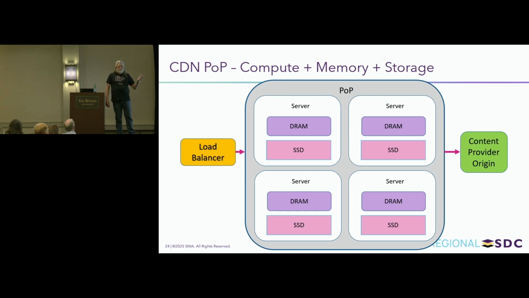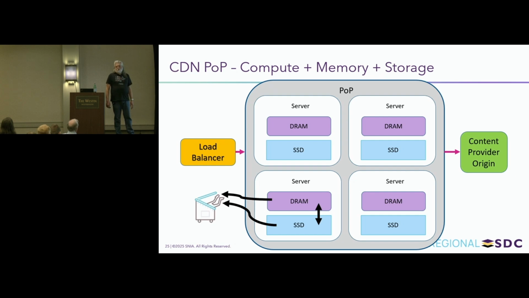Because in this case, you probably are going to cache it at first hit because it's had to pull it from the content origin already. So let's store it. And there might be more hits coming, and if that happens, we'll promote it to DRAM because that'll be a faster way of serving it. But if it only gets hit once, you don't want to be wasting your DRAM by storing it there.